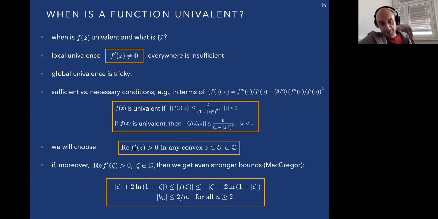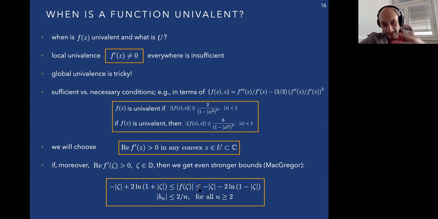All right, so if you can prove that the real part of your derivative, this was the local part, this is now the global part, is positive, then your function is univalent everywhere where this is satisfied. Then, of course, you can do the Riemann mapping theorem, you map to a disk, and if you can then show that the real part of the derivative after the map is still positive, then your functions will satisfy even stronger bounds that are due to McGregor, okay?